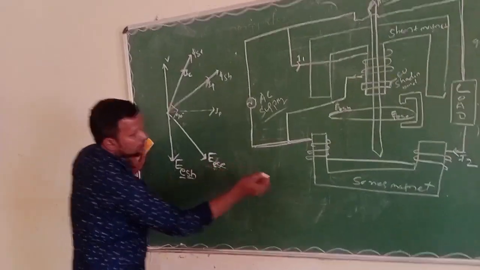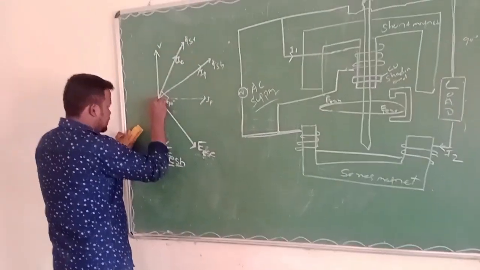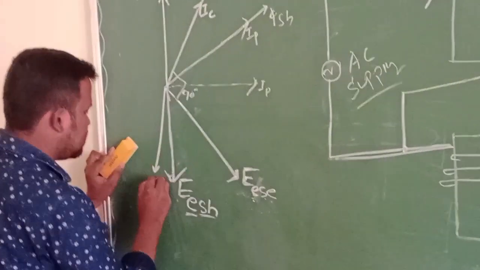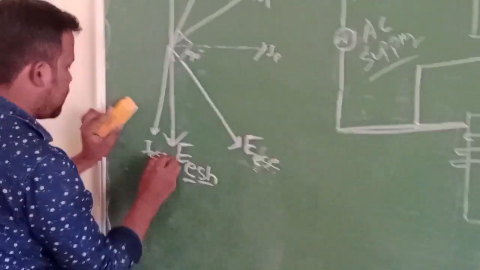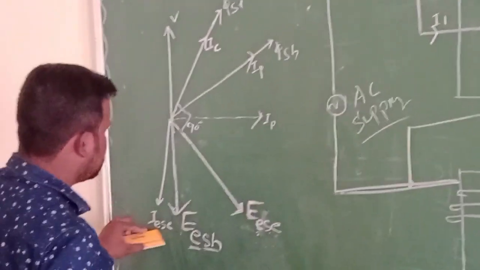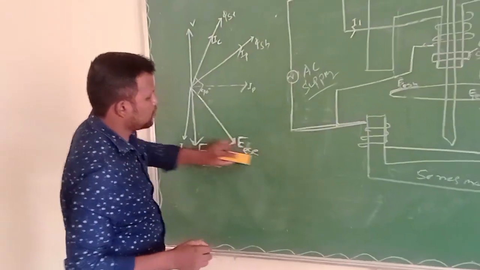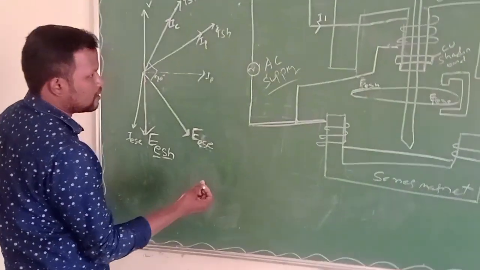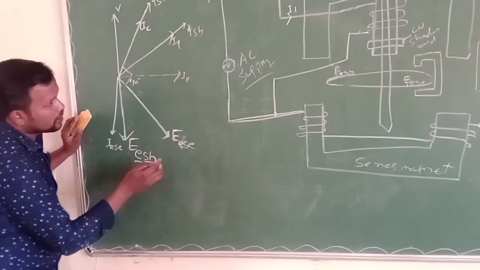The eddy voltage developed in the series field should lead, and this eddy current should lag behind the eddy voltage developed in the series field in the aluminum disc.